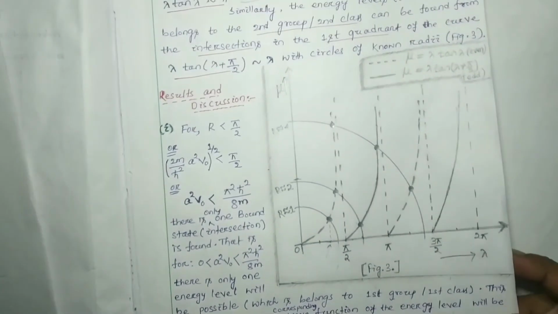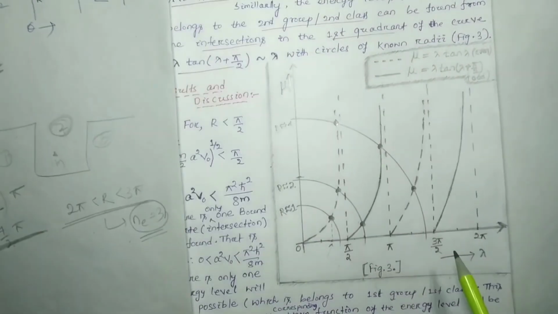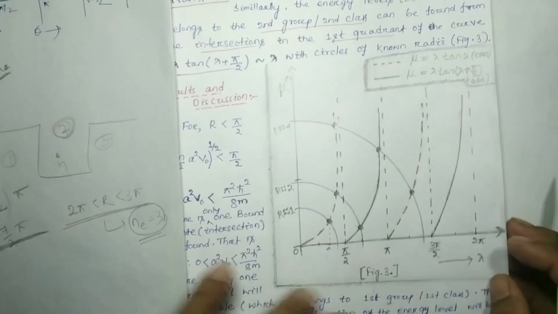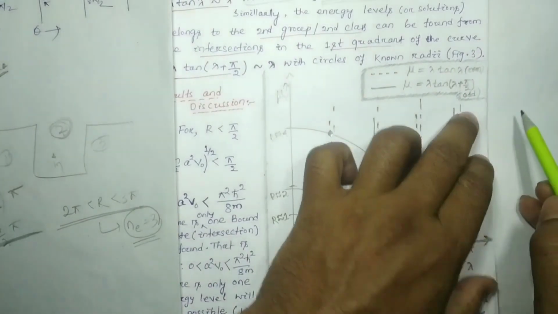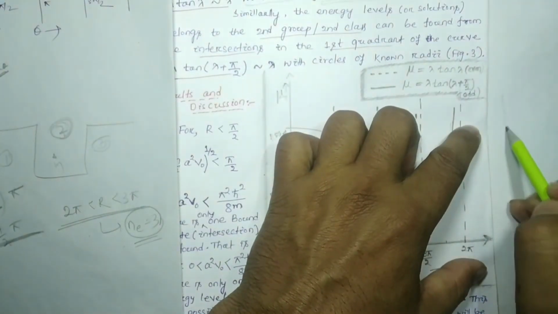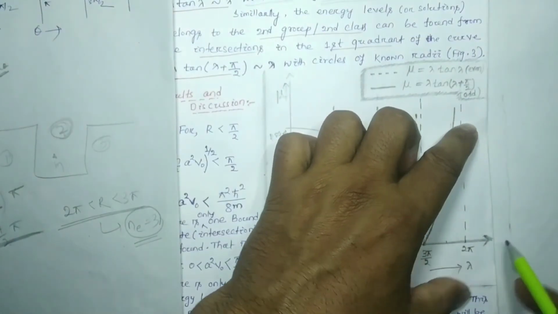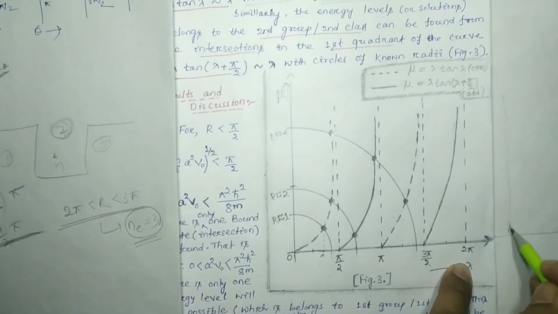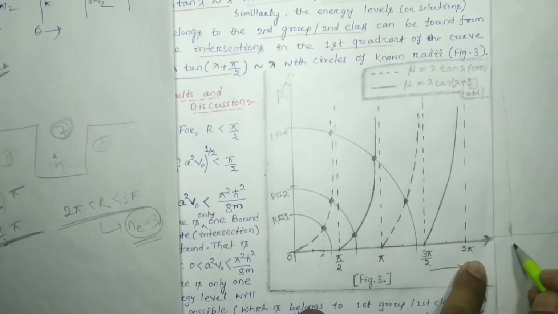So in our figure, this is 3 pi by 2, this is 4 pi by 2, 5 pi by 2. I will draw it for you, just imagine. I don't have space, but I will draw with adjustment.